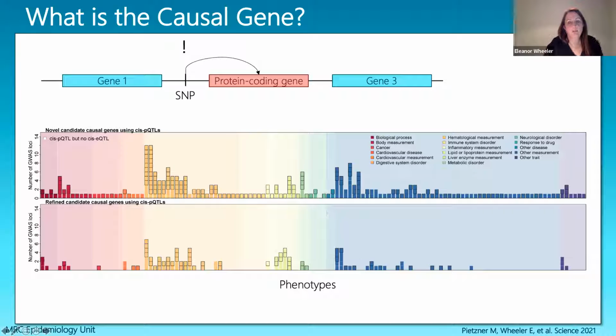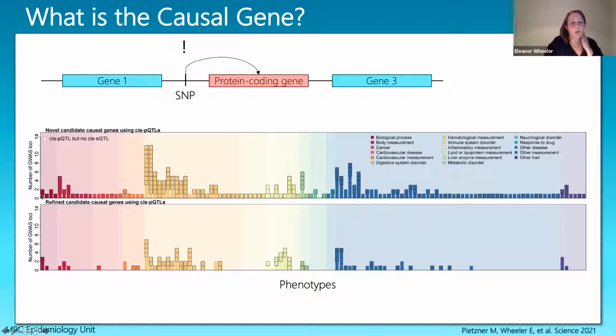In this figure, the colors represent the broad curated trait categories, which you probably can't read here. And the y-axis represents the number of loci that have been reported for this particular curated phenotype. So each column is one of the curated phenotypes, and these are the number of loci that have been reported for that trait.